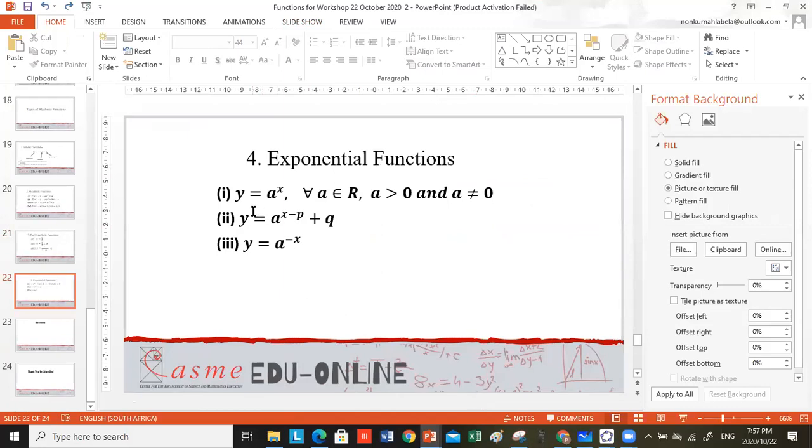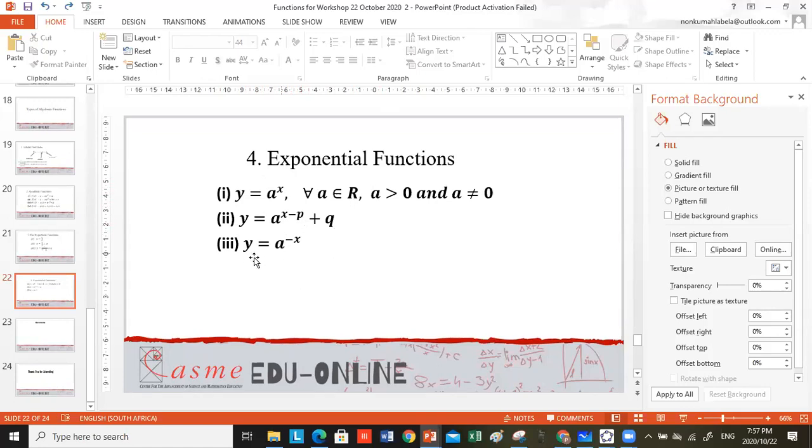The exponential function y equal to a to the exponent x for all a elements of real numbers. It is important to mention to learners that a should always be greater than 0 and a should not be equal to 1. This is the mother function, and then y equal to a to the exponent x minus p plus q.